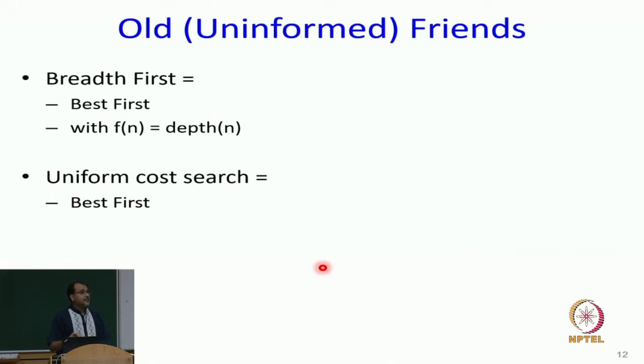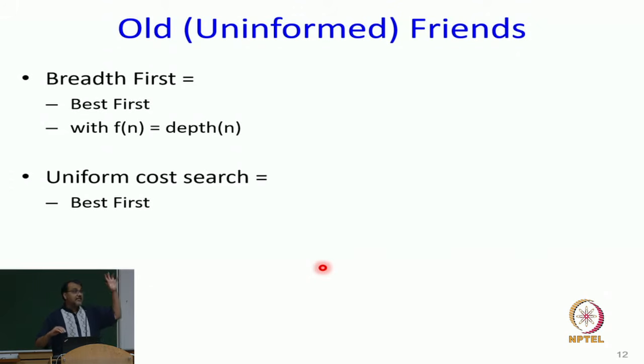Okay, think about this now. Is uniform cost search an instance of best first search, and if so, what is the f function? If I have many nodes in my uniform cost search, which node do we expand first? Okay.